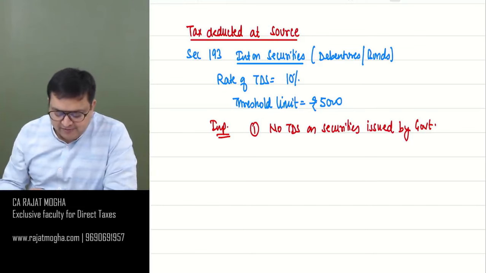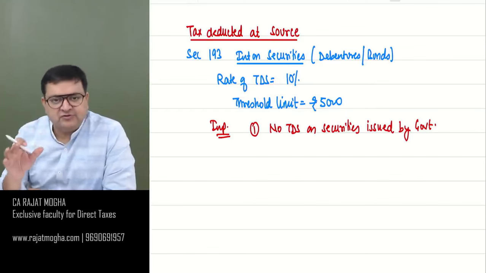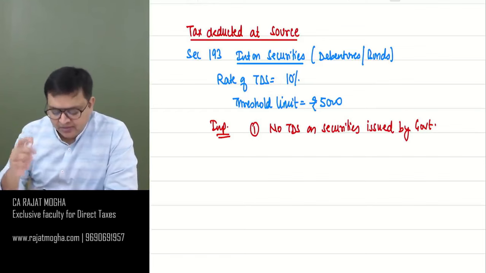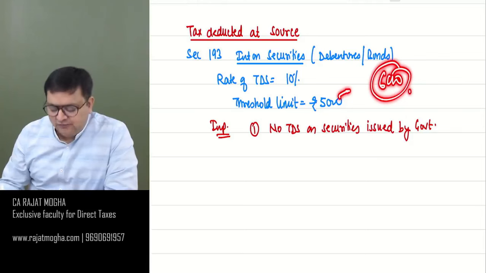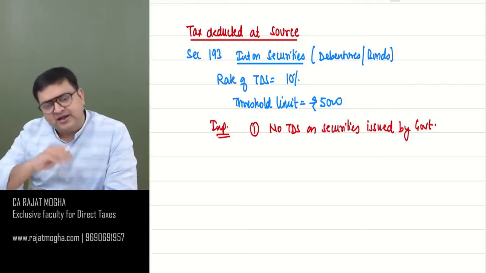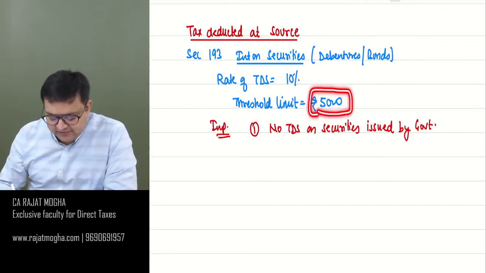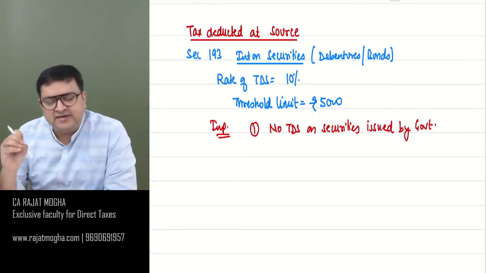If you have debentures or bonds of any company, the rate of TDS would be 10%. If you are receiving more than 5,000, they will deduct 10% on the entire amount. Let's say you are receiving 6,000, then not on the first 5,000 with no TDS, but on the entire 6,000. If this money exceeds the limit, then TDS becomes activated.